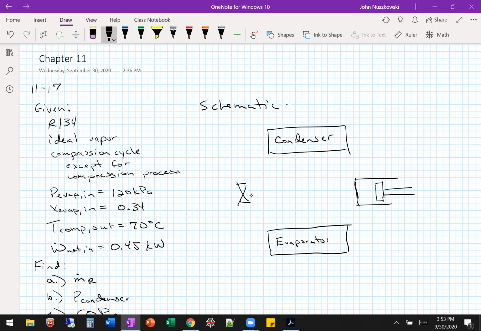And we connect them. We enter the compressor at state 1, raising its pressure and temperature. We leave at state 2. Then we condense it, keeping pressure constant, and that's state 3. Then we go to our expansion valve.